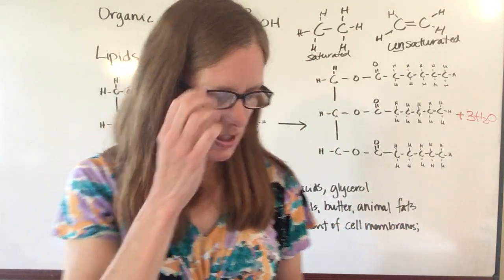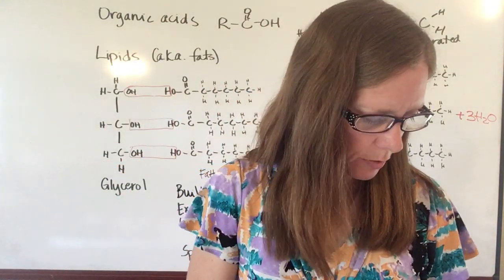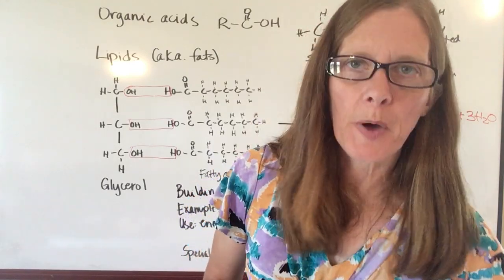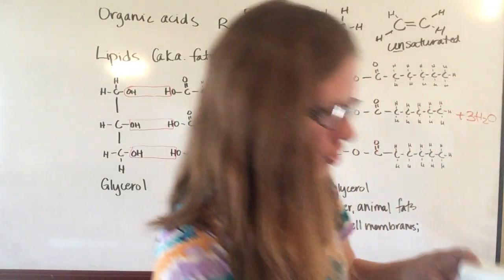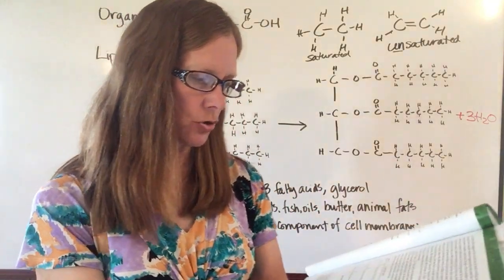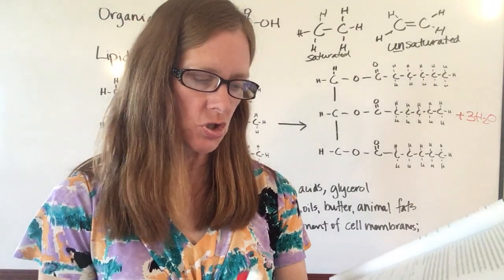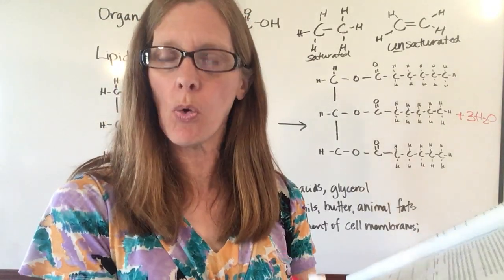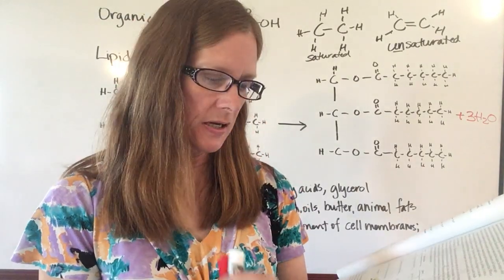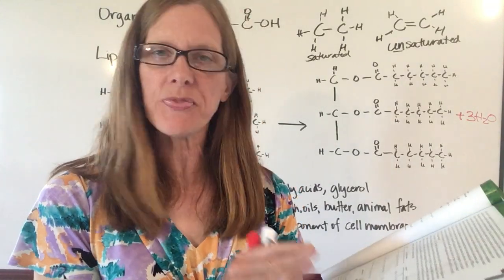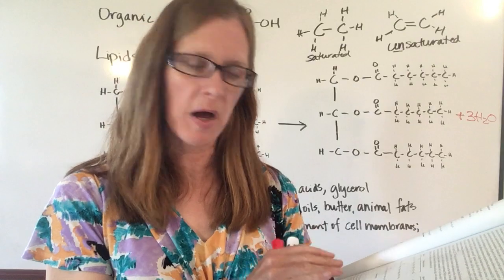Okay? Now, she does also mention this to you in the book, and she talks about butter and oil, and she has them listed as she shows you the saturated fat with the butter, and she shows the unsaturated fat with the oil, which is correct. But it is also true that the molecules that she shows you are not the actual ones that are in butter and oil.